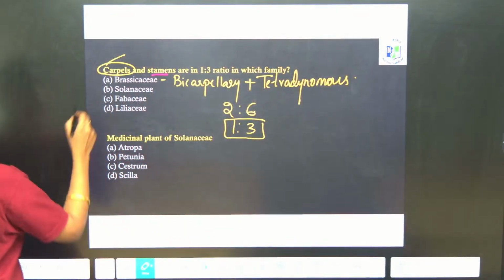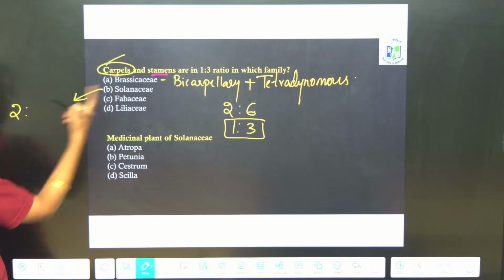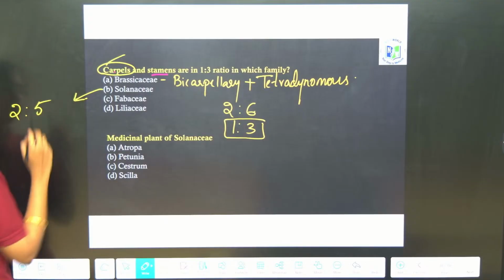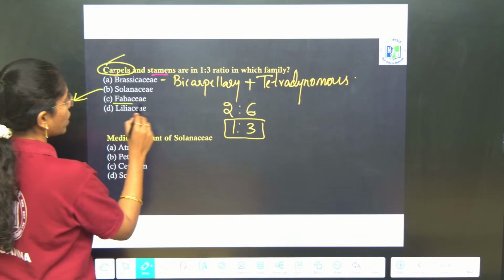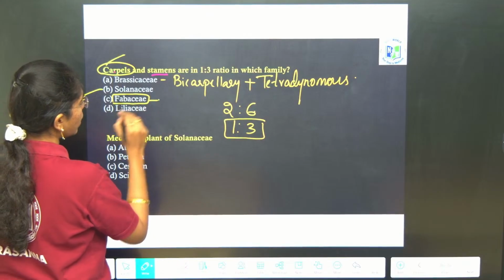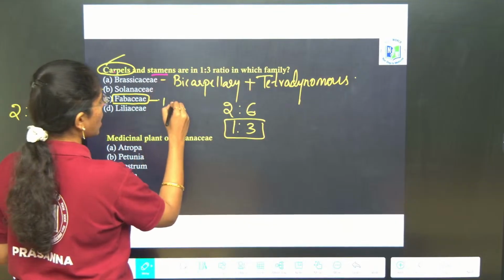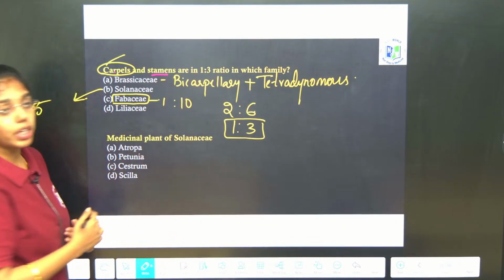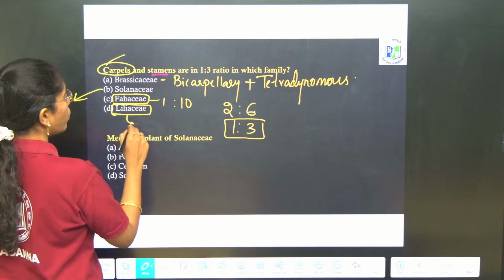In Solanaceae, again, how many carpels? 2 carpels. How many stamens? 5, epipetalous condition. There is no possibility of 1:3 ratio. In Fabaceae, how many carpels are there? 1, it is monocarpellary. How many stamens are there? 10. There is no possibility of 1:3 ratio. Liliaceae, how many carpels are there?